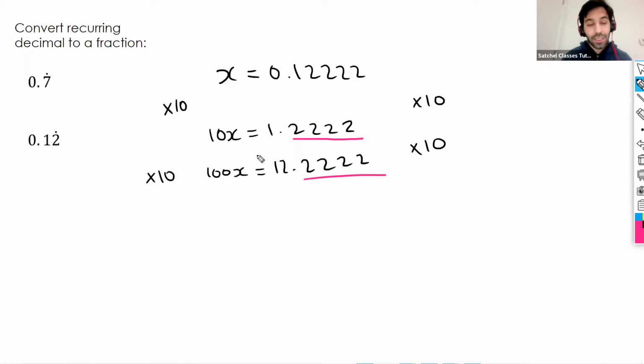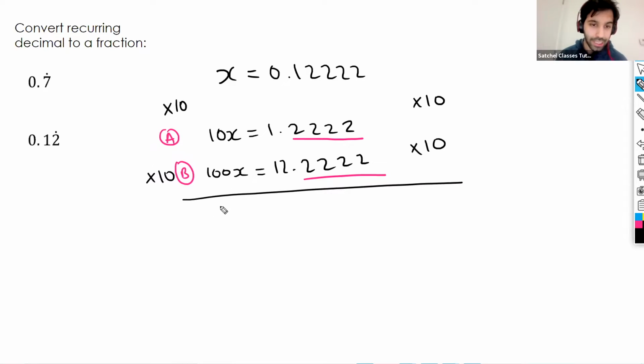So now I need to subtract, and I will call these equations A and B. I'll take away 10x from 100x, which leaves me 90x. And then 12.2222 take away 1.2222 is going to give us 11. Notice that the recurring parts cancel out, and 12 take away 1 is 11.